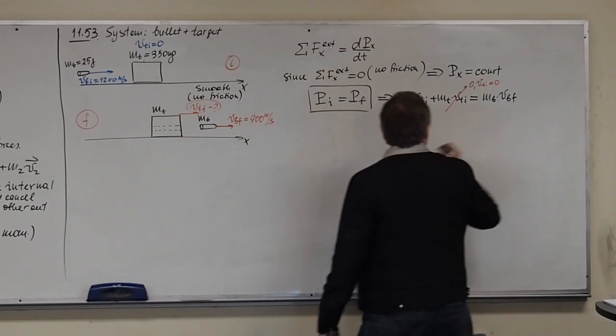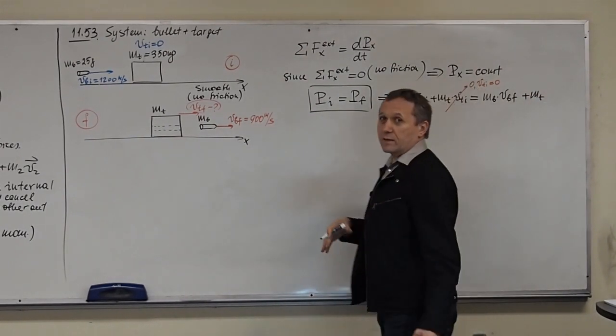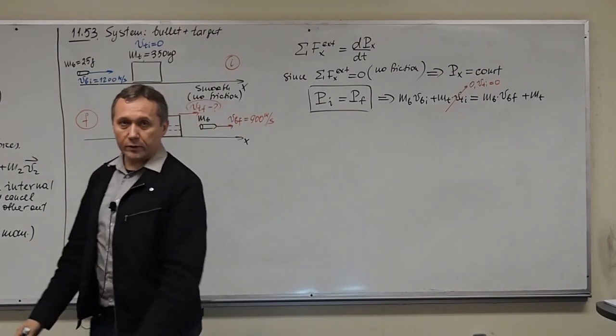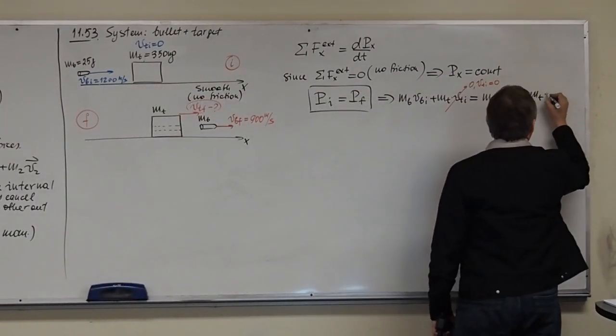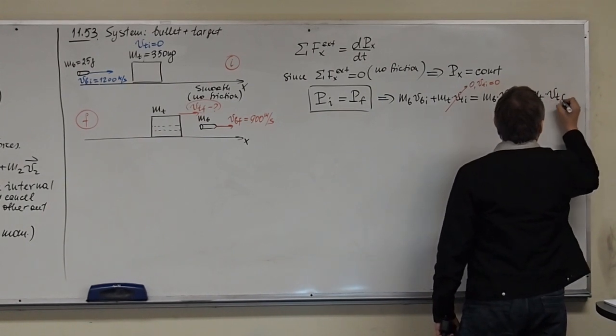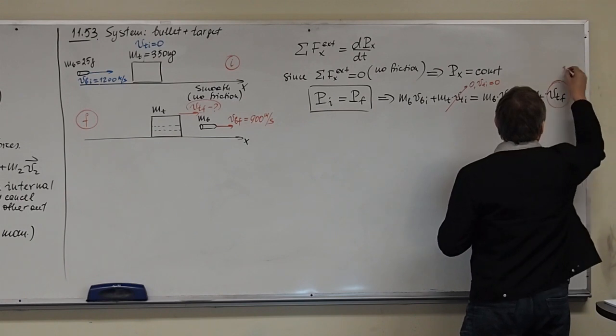Target, we don't know, so let's assume it's positive. If it's not positive at the end, we will get negative velocity. Mass of the target and velocity of the target final. So that is our unknown.